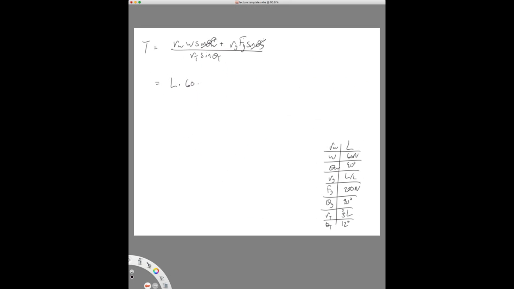These guys, because they're sine of 90, they both give you 1. So I'll just use that now. And we have L over 2 times 250, and all of that is over 2/3 L times sine of 12.